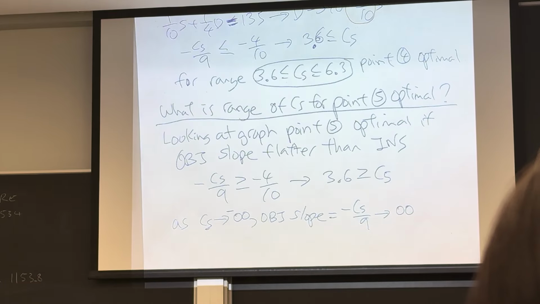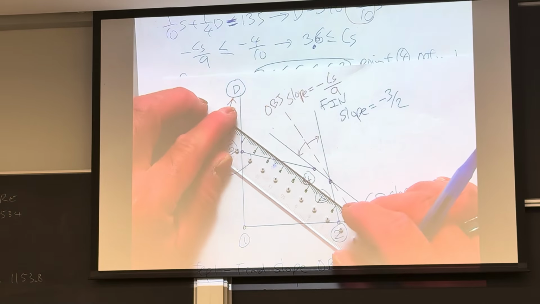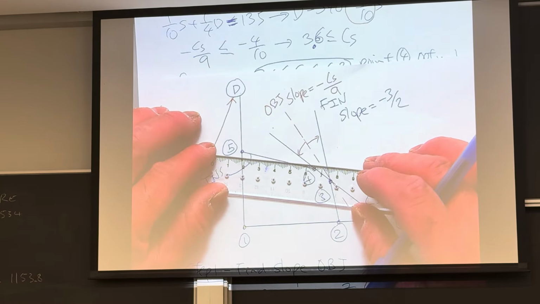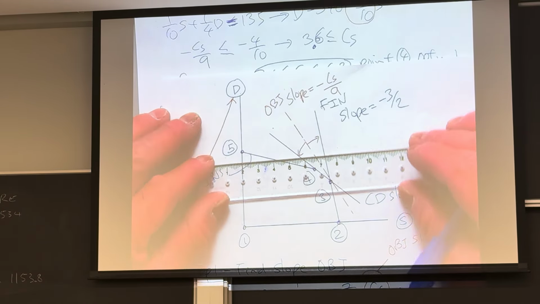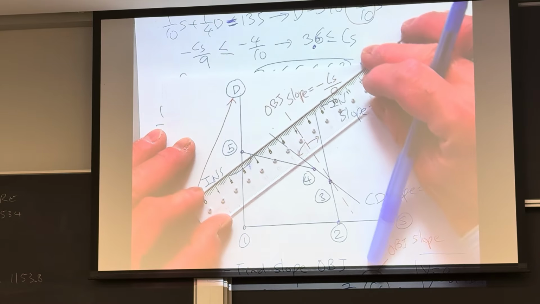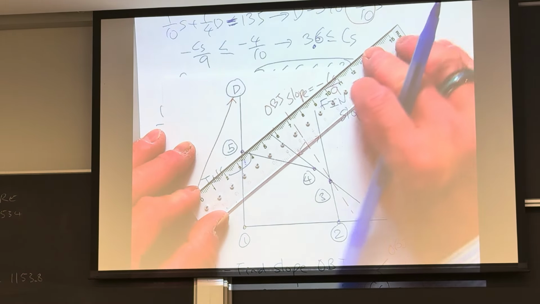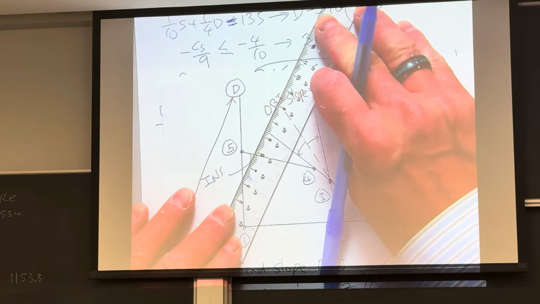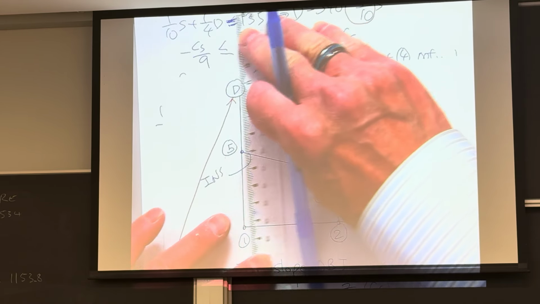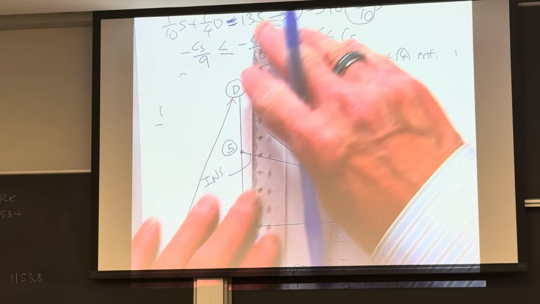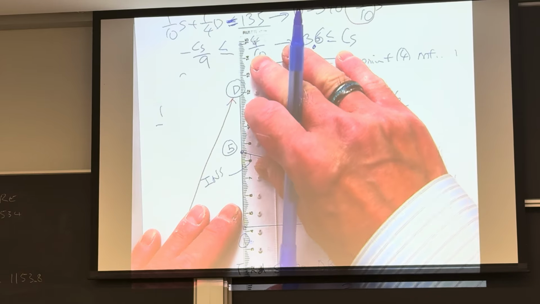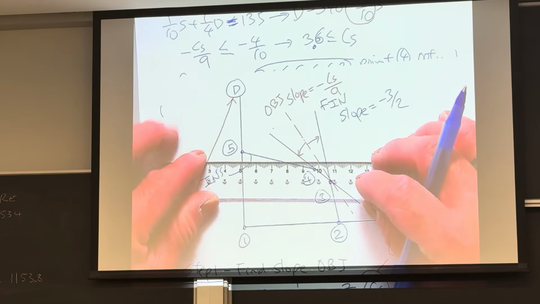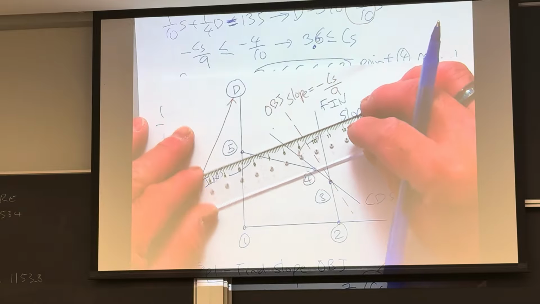So what does that look like on the graph? We see that the slope starts out being negative, right, downward sloping. And then as CS becomes negative, it turns to become positive. But you still have a tendency to move out to 5. And as CS becomes more and more negative, toward minus infinity, you still have a tendency to move out to 5. Okay, so there's no limit, right? So as CS becomes minus infinity, the objective slope becomes positive infinity, right? But you still have a tendency to move there. So it starts like this, and then it becomes positive and going out there.